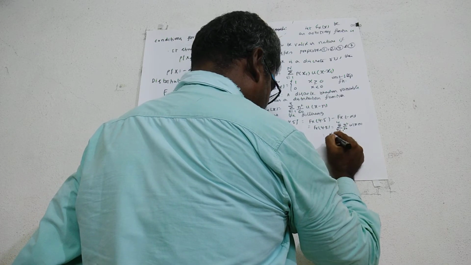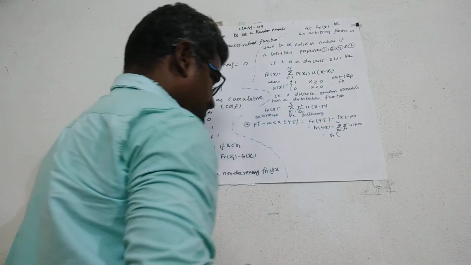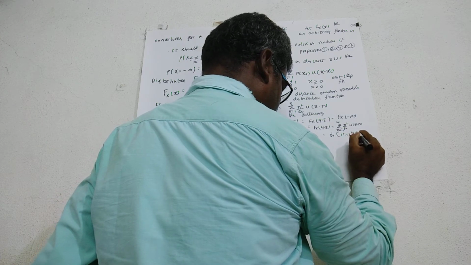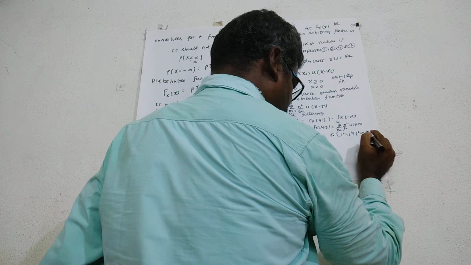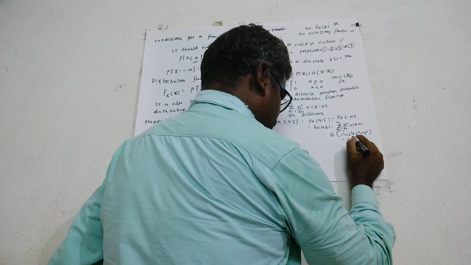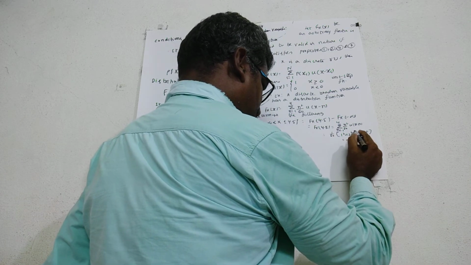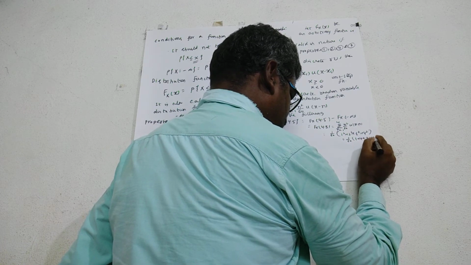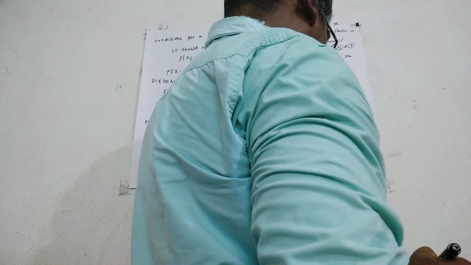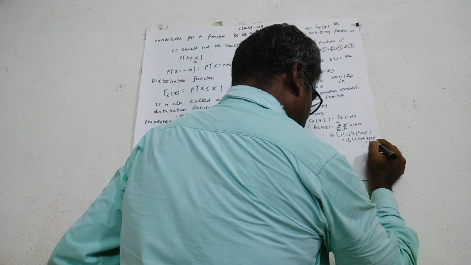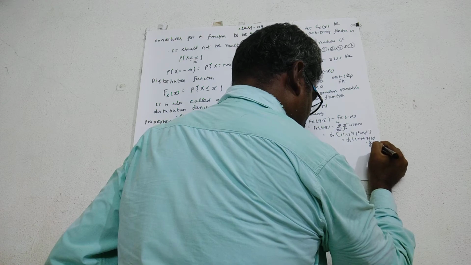Take this 60 as common. 1 by 60 into the sum of n square, substituting n equal to 1 square plus 2 square plus 3 square plus 4 square, is equal to 1 by 60 into 1 plus 4 plus 9 plus 16. Okay, 1 plus 4, 5, 5 plus 9, 14, 14 plus 16, 30. Hence it is equal to 30 by 60, which is equal to 1 by 2.